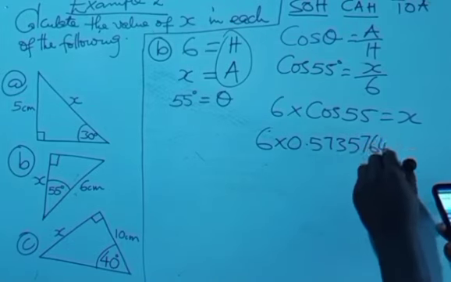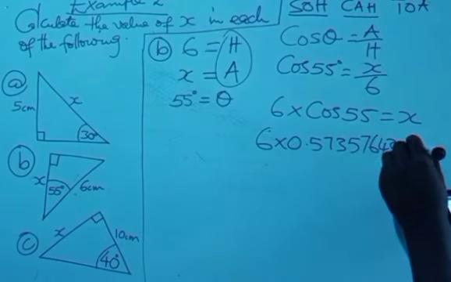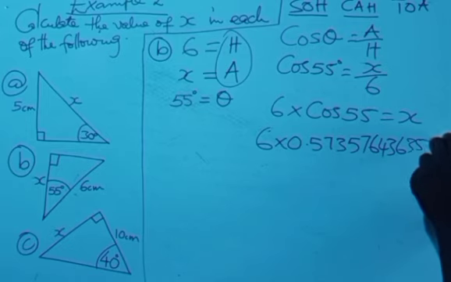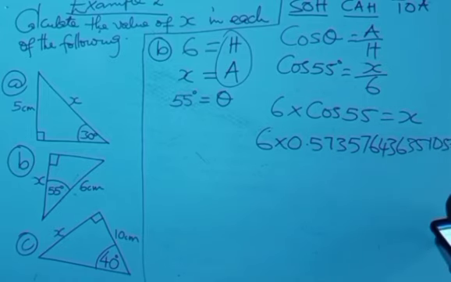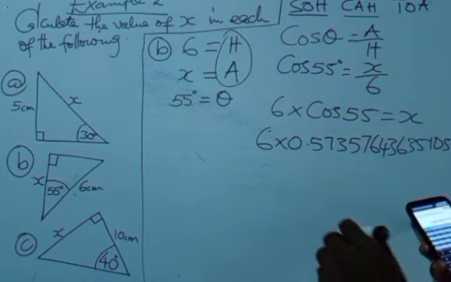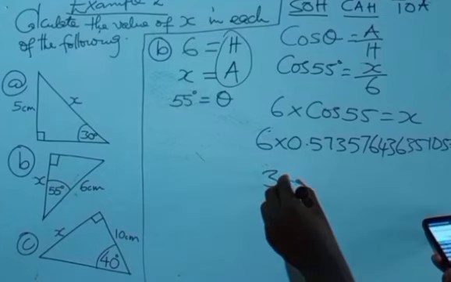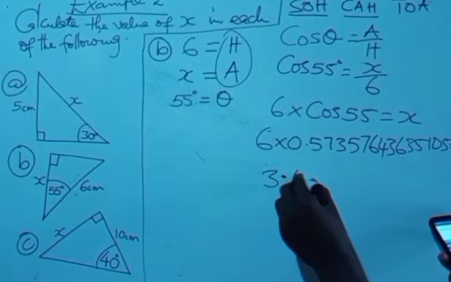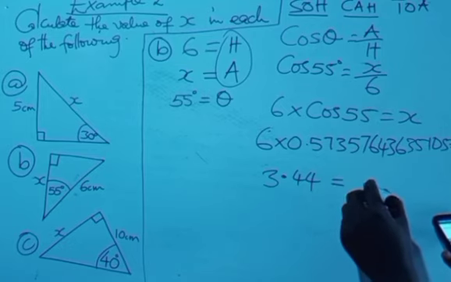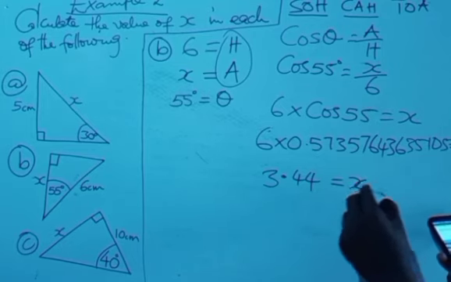So cos 55 is 0.57357, and we have 6 multiplied by 0.57357, which will be equal to x. If we multiply that, the answer we are going to have is 3.44, which will be equal to x.